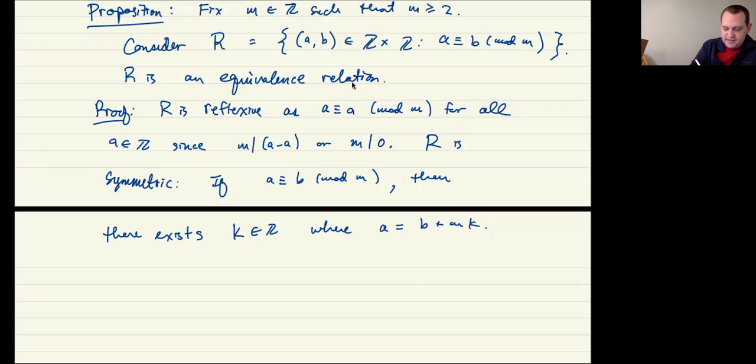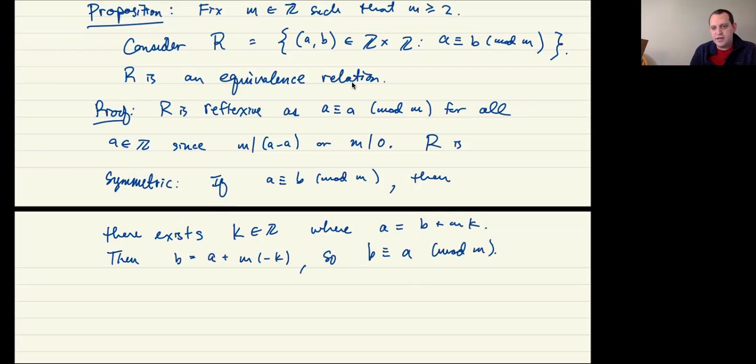And if that's the case, then B is equal to A plus m times minus k. So B is congruent to A mod m. So if A is congruent to B mod m, then B is congruent to A, so it's symmetric.